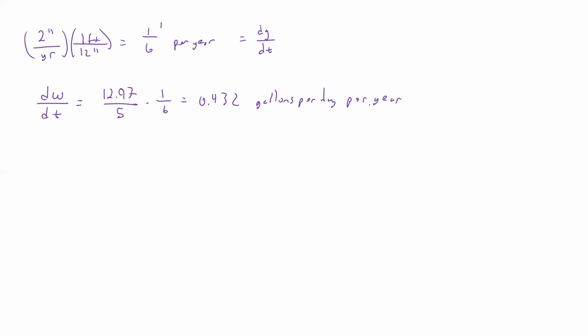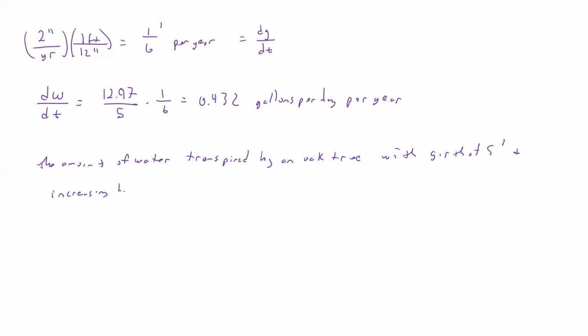Okay, so if we wanted to write that out, we could say maybe the amount of water transpired by an oak, I think is what it was. Yeah, by an oak tree. With, what do we know? It had a girth of 5 feet and increasing by 2 inches per year.